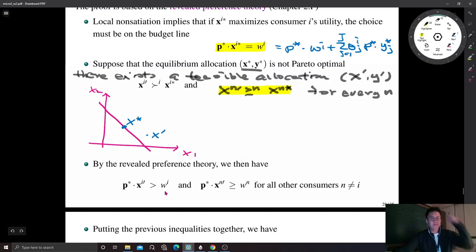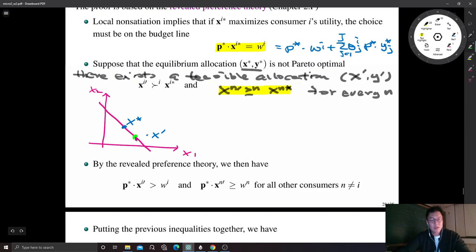And the same interpretation applies to these preference relations. If every consumer n weakly prefers X prime to X star, nevertheless they chose X star because that was an equilibrium allocation, maximizing each consumer's utility. Now this is a weak preference, so we allow the possibility that the bundle is on the budget line.